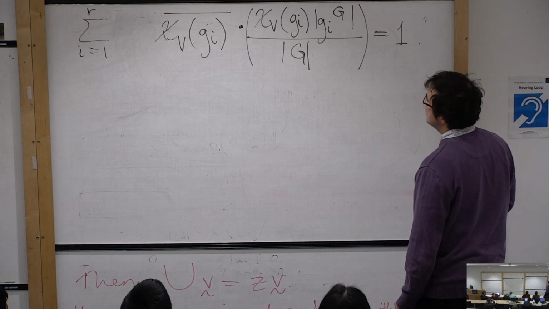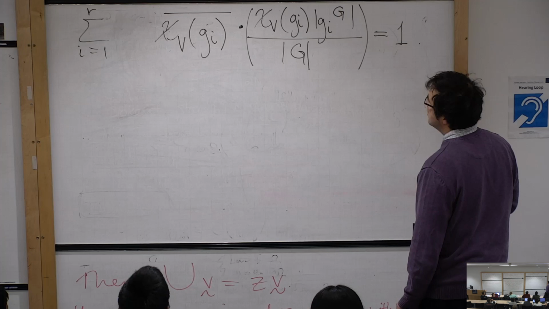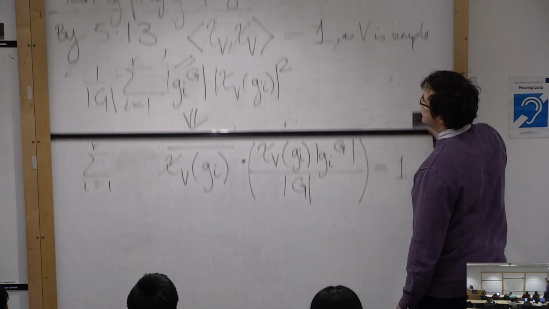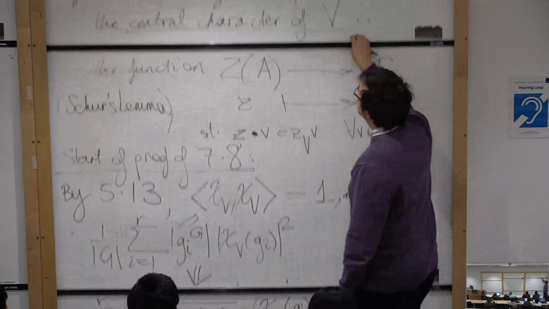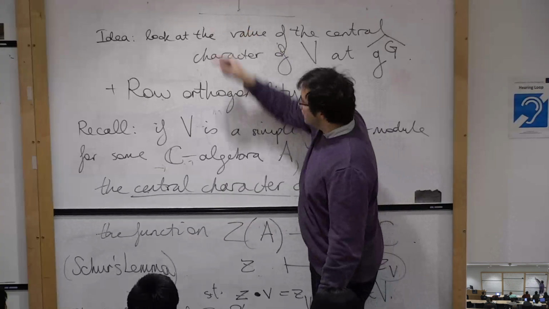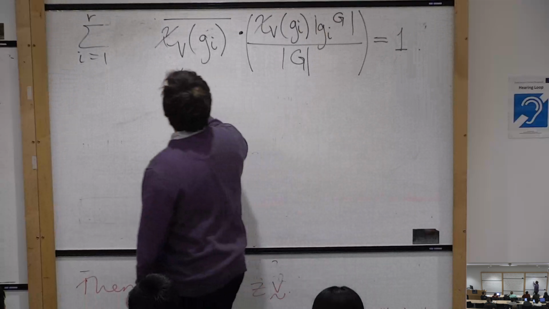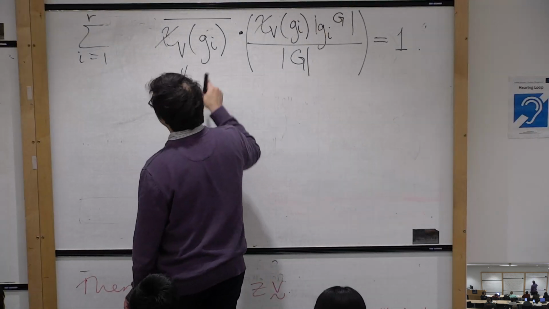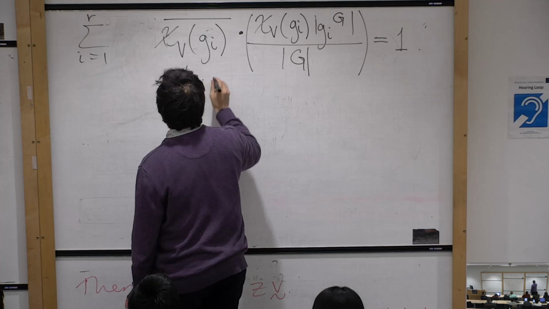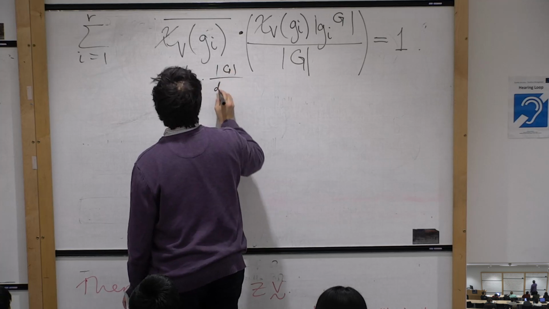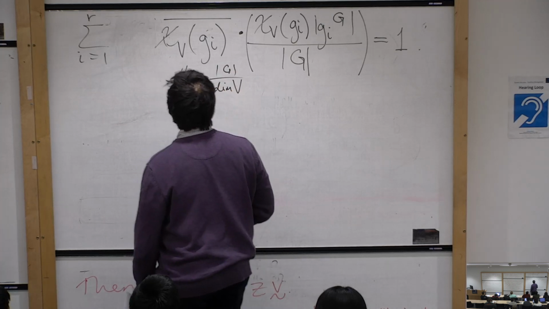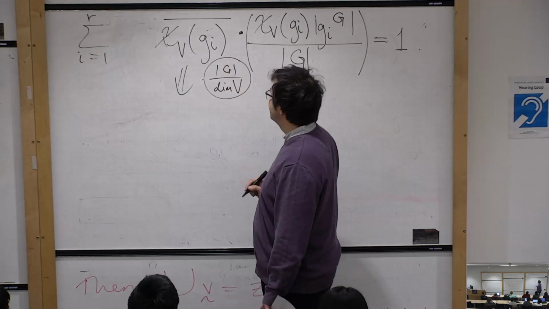What does this have to do with dim V? It's not clear, right? So you keep on massaging. Multiplied through by mod G over dim V. That's the number that we want, right?